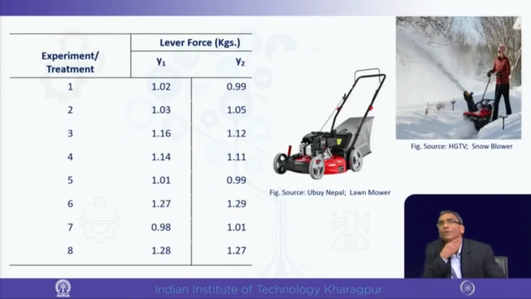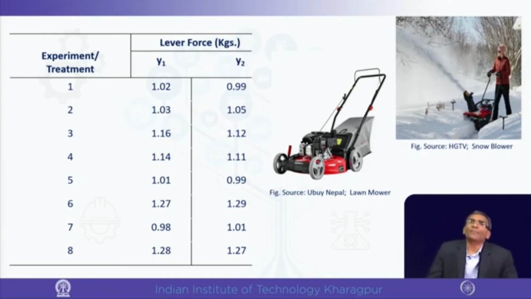Now, with this we run the experiment. Here I said that there are 7 factors already in components and there are 2 levels. So it will be, as we discussed earlier, the L8 orthogonal array.